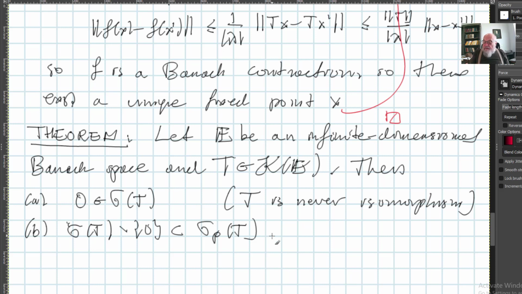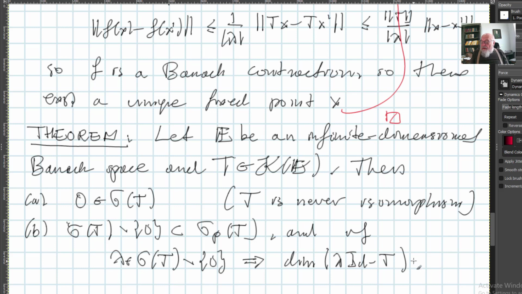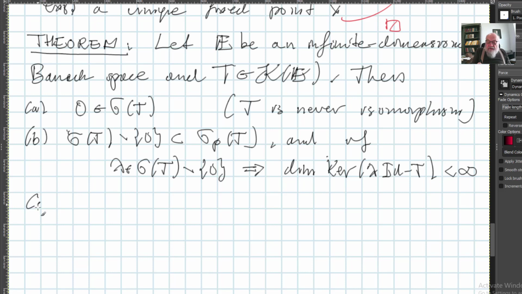So that means this spectrum is composed of eigenvalues, and in particular, if lambda belongs to the point spectrum of T minus 0, then the dimension of the kernel of lambda identity minus T is finite dimensional.